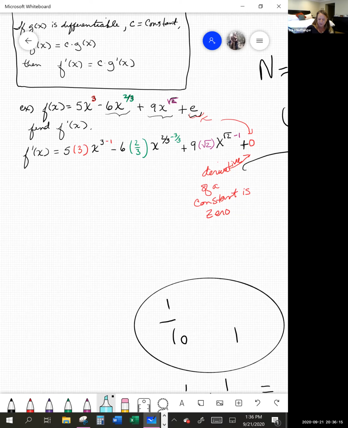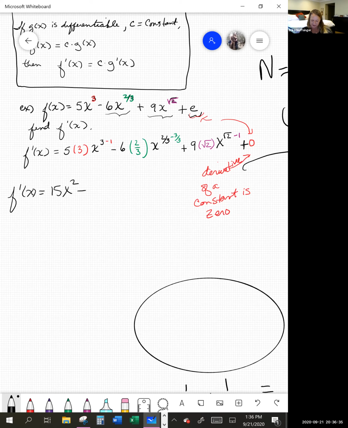So let's clean it up. 5 times 3 in front of that x, and it's x raised to the, five times 3, so this is 15 x squared, minus 6 times 2/3.